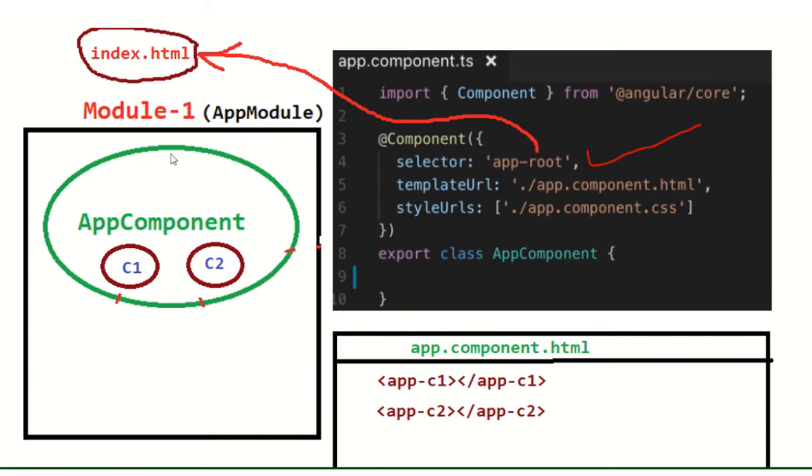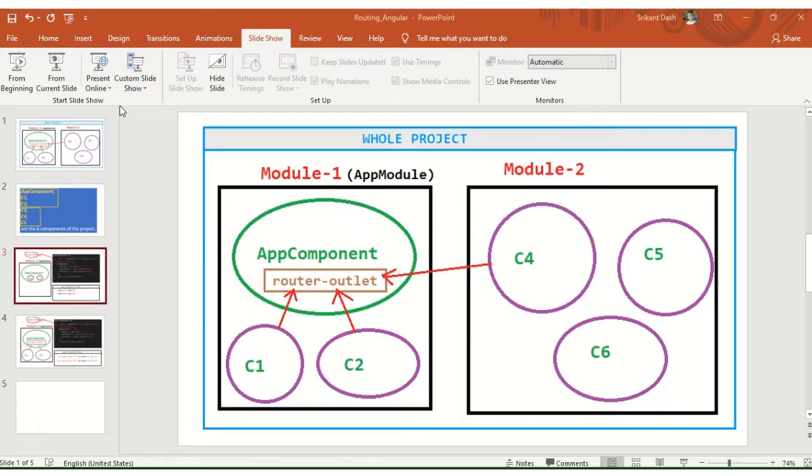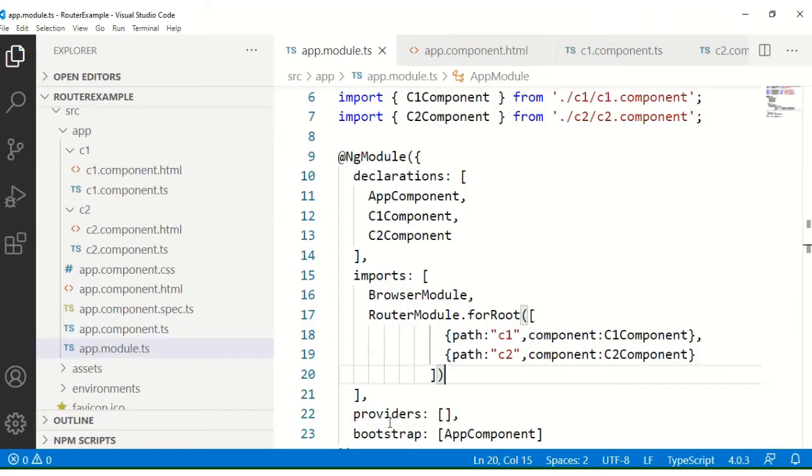And app.component has a selector and it has a template URL. So this template URL or HTML will be shown inside the app-root element. And where is the app-root element? It is inside the index.html. Let's see the example from the code.